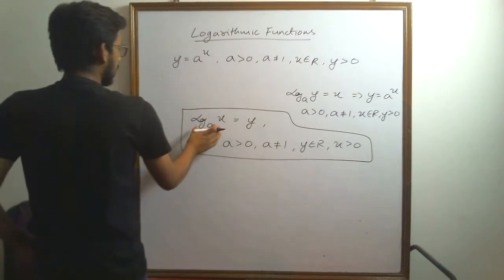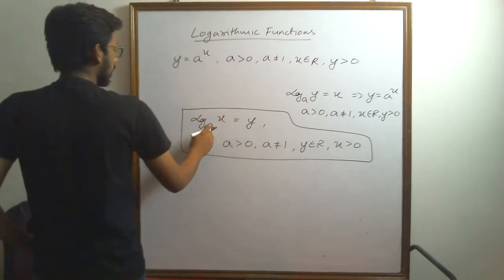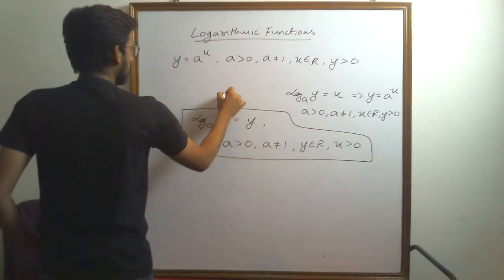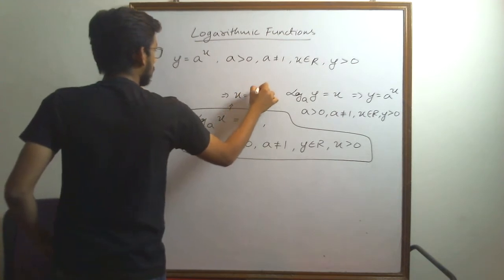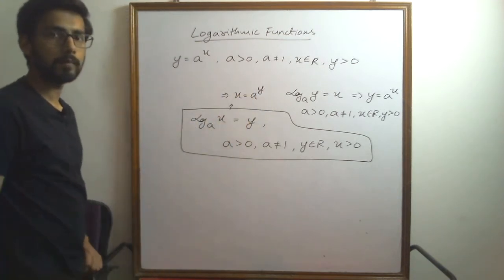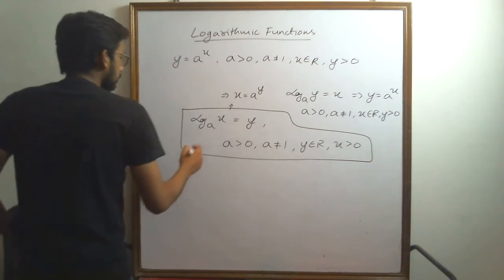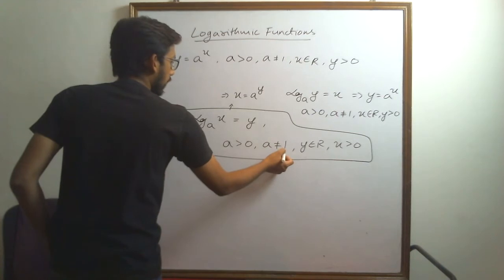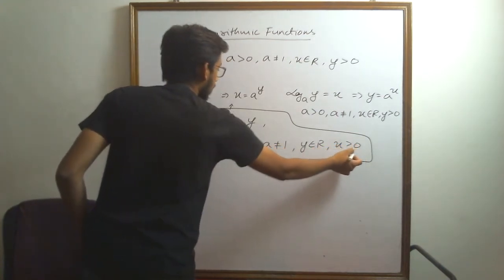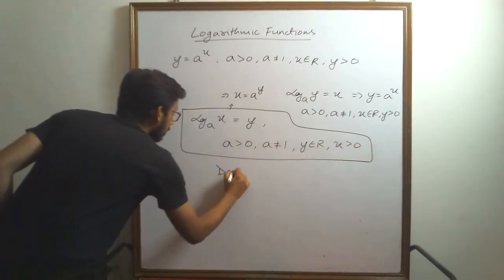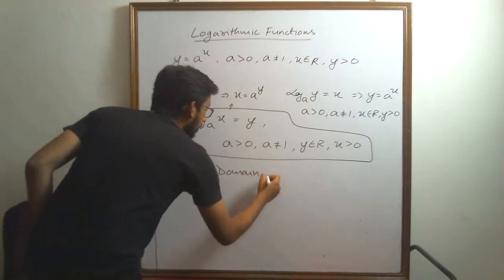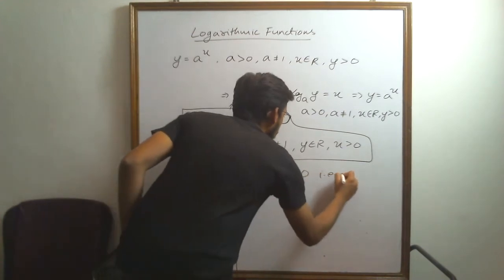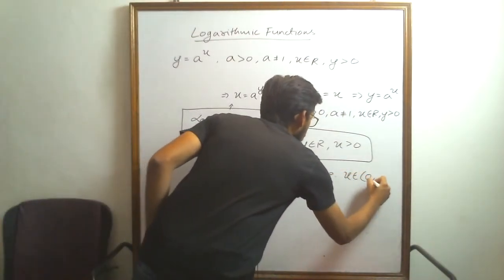And it is read as log x to the base a is equal to y, and it means that x is equal to a to the power y. Okay, now we see that a has to be greater than 0, a is not equal to 1, and x has to be greater than 0. So the domain of logarithmic function is x is greater than 0, that is x belongs to the open interval 0 to infinity.